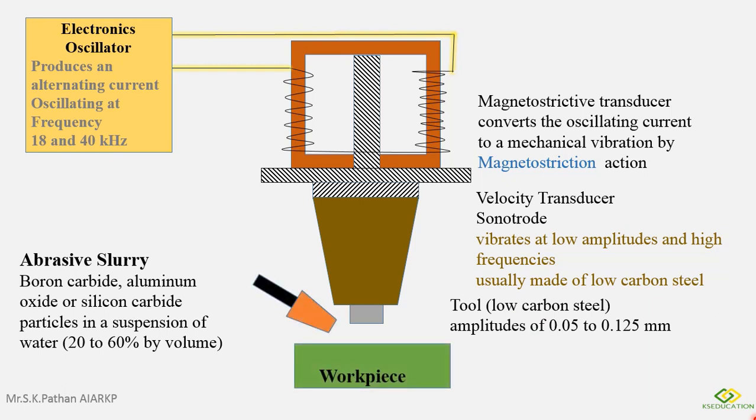Then a workpiece is mounted below the sonotrode, and for providing abrasive particles, we generally take an abrasive slurry which is boron carbide, aluminum oxide or silicon carbide. The percentage of this abrasive is 20 to 60% by volume, mixed with water, and is kept below the sonotrode when the machining is happening.